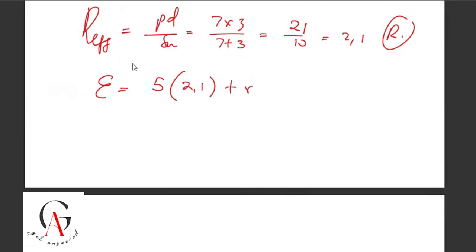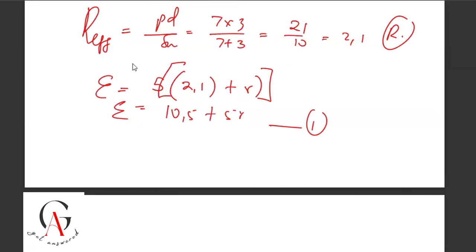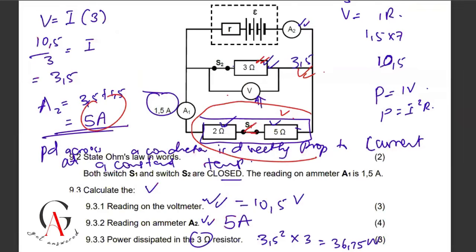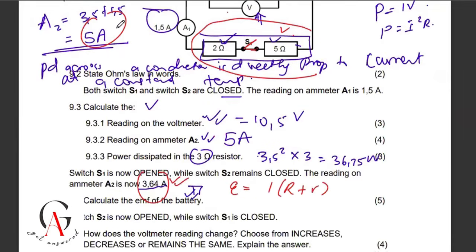Yes, it's supposed to be something like that. So that's going to be 10,5 plus 5R is equal to the EMF. Let's call this equation number 1. Then equation number 2, still the same thing: if I look for the EMF, when the current has now dropped to 3,64.